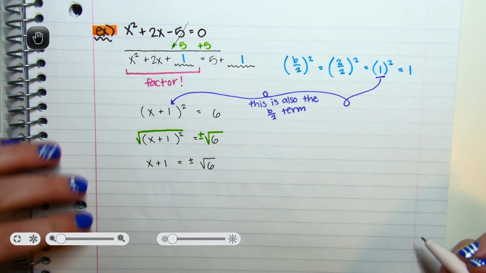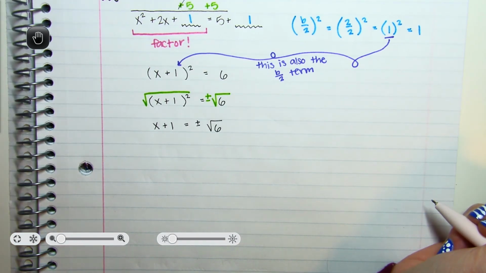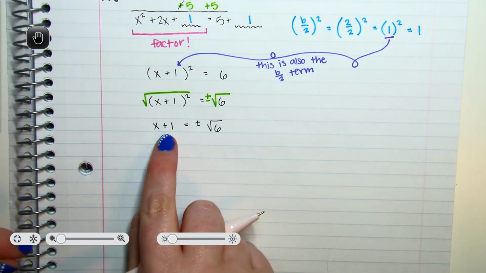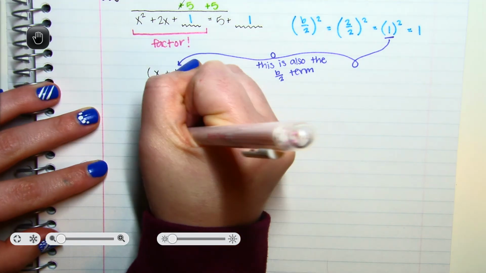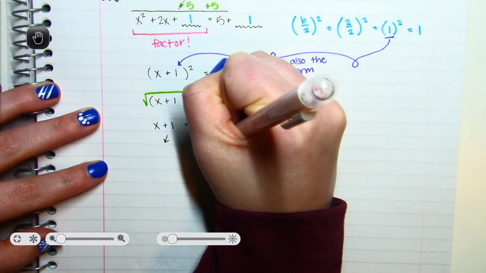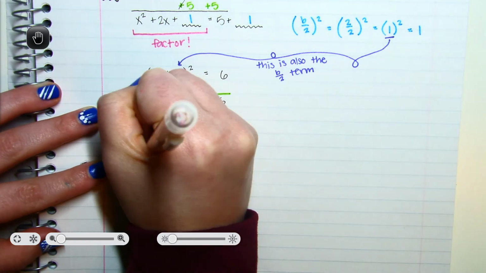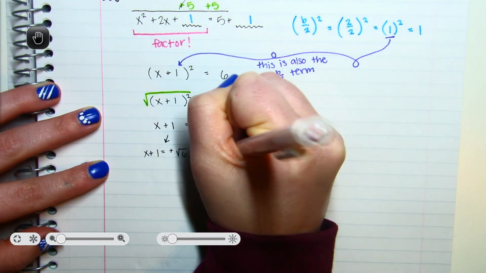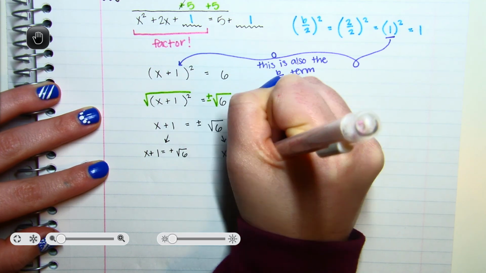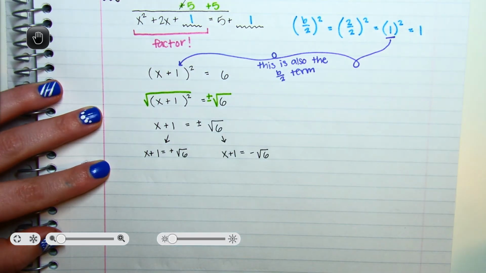Now when I solve this, remember this is like when we solve by taking the square root. You can either just subtract 1 from both sides and write your answer as -1 plus or minus rad 6, or you can still separate this as 2 equations. So x plus 1 equals positive rad 6, and x plus 1 equals negative rad 6.